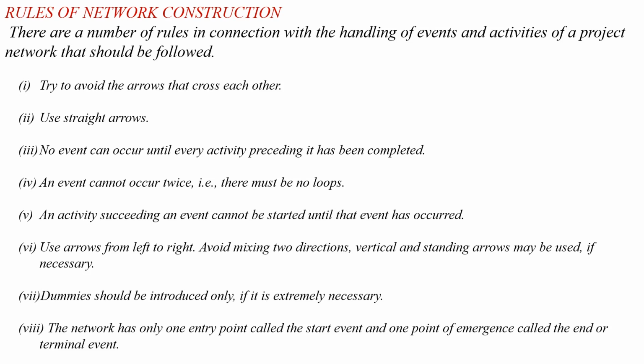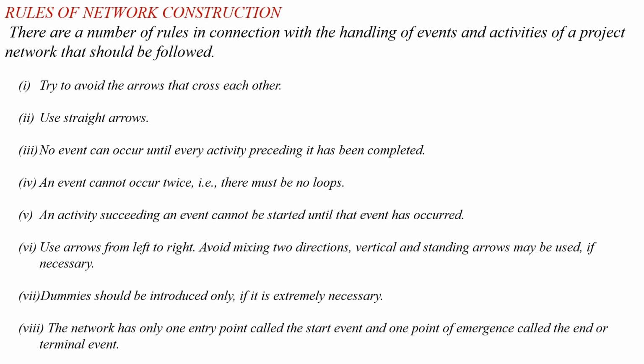The next rule is to use arrows from left to right and avoid mixing the two directions. Moreover, vertical and standing arrows may be used. The next rule is that a dummy should be introduced only if it is extremely necessary.